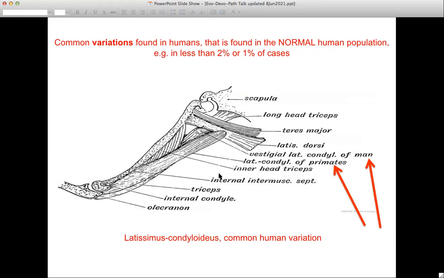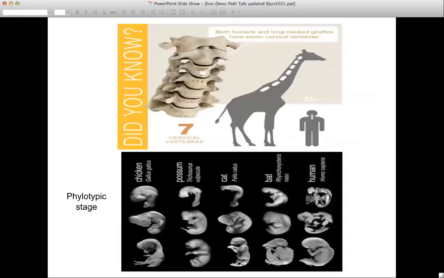Why? Because it makes sense. Some birth defects can be really strange, but most variations are normally things that were present in our ancestors. They were almost never lost. They are in the embryo, they are in the fetus, but then disappear, yet they can persist in some rare cases, variations, less than 2% in adults.